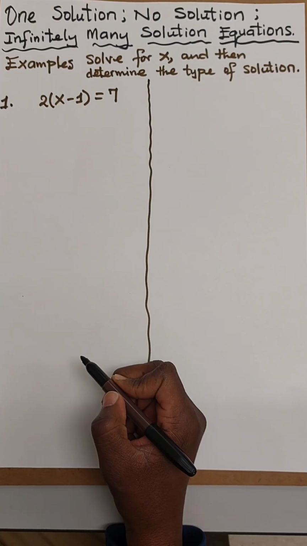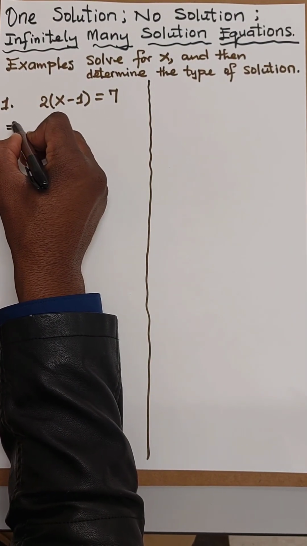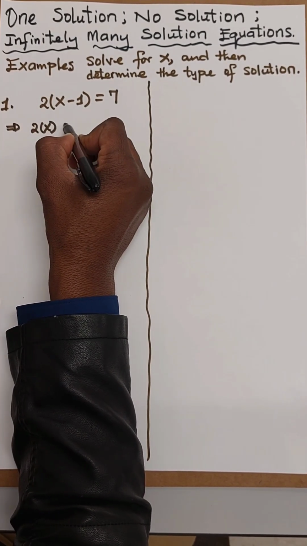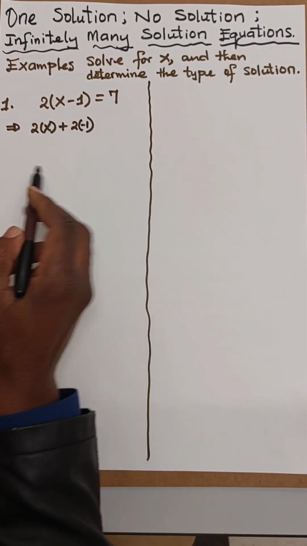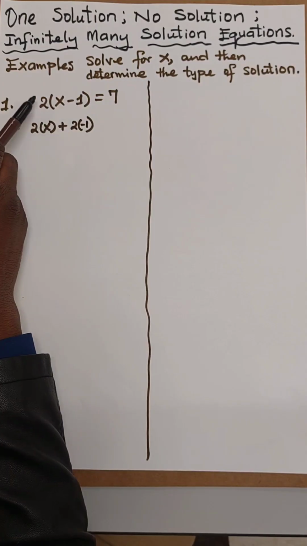The first step in solving this equation is to apply the distributive property to remove the parentheses. So the distributive property means that we multiply x by 2, and we also multiply -1 by 2. This is the -1 inside the parentheses and this is the x inside the parentheses.